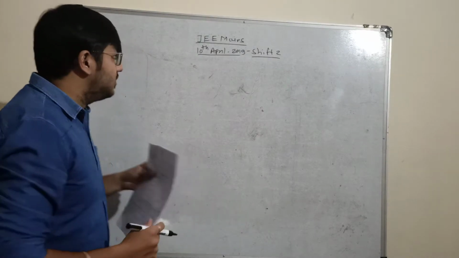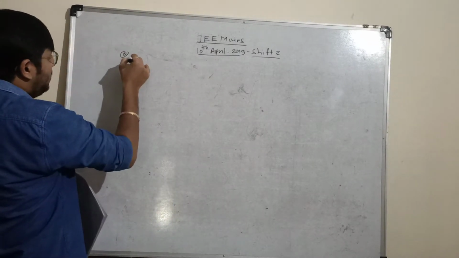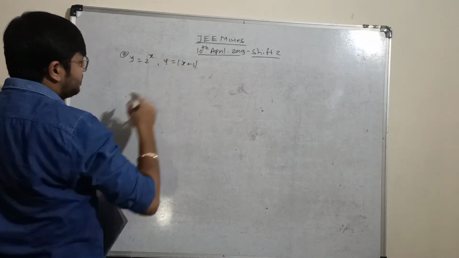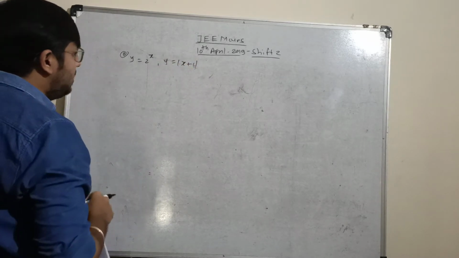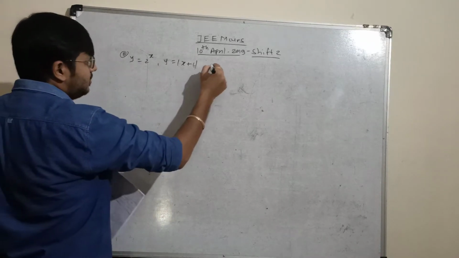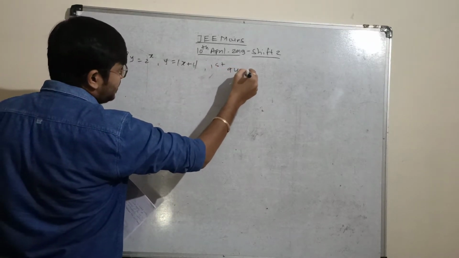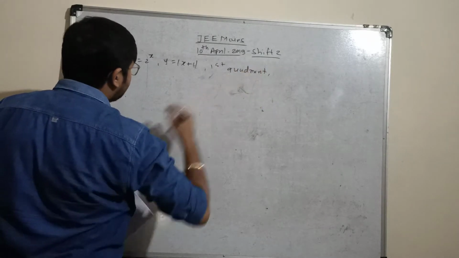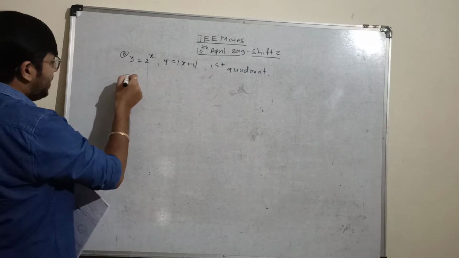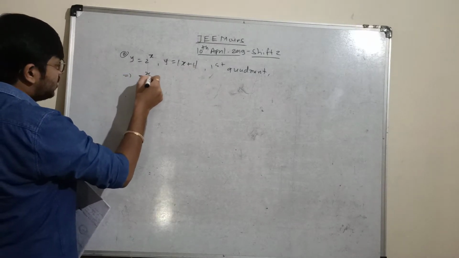Okay, so next question we have y equals 2 raised to x and y equals mod of x plus 1, and we have to find out the area of the region bounded by these two curves in the first quadrant. It is given that it is in the first quadrant. Before getting the region, let us find out the intersection points between these two curves.